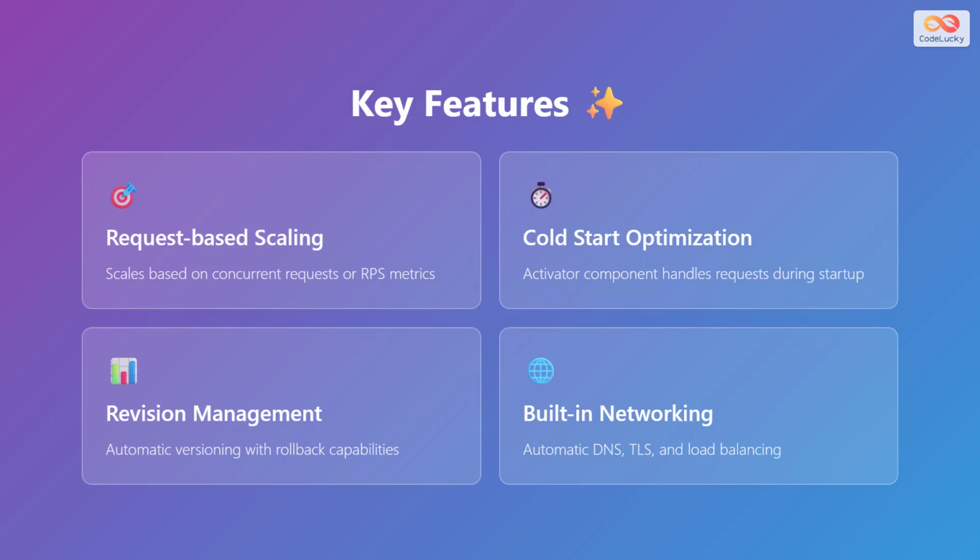Third, revision management provides automatic versioning of your application with built-in rollback capabilities, making deployments safer and more manageable. Fourth, built-in networking means Knative automatically handles domain name system configuration, transport layer security certificates, and load balancing, so you don't need to configure these separately.